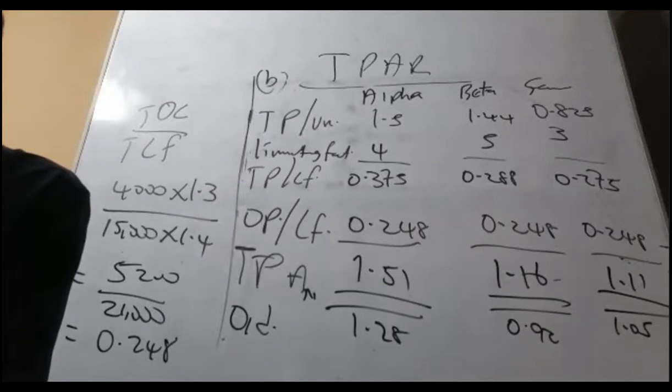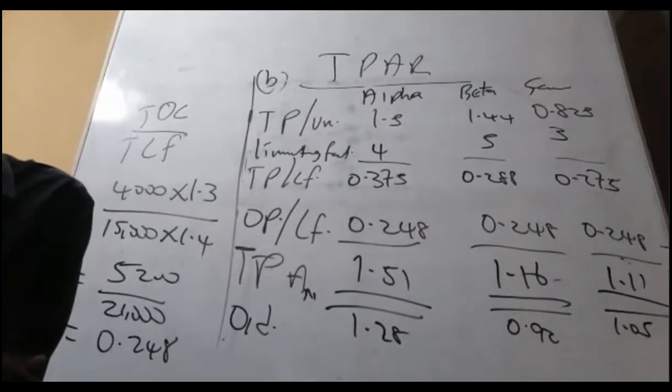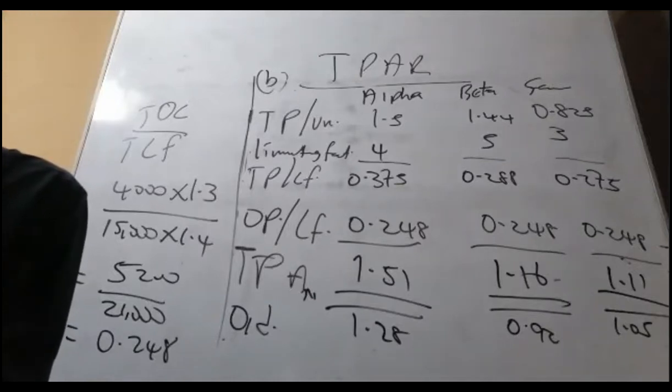Okay, so let's go through the C part again. They're asking us what the factors are that cause the increase in the throughput accounting ratio.